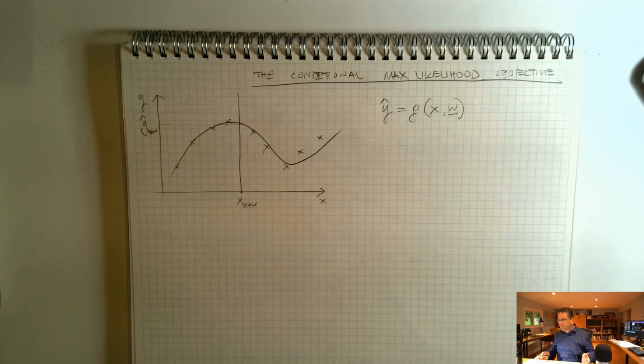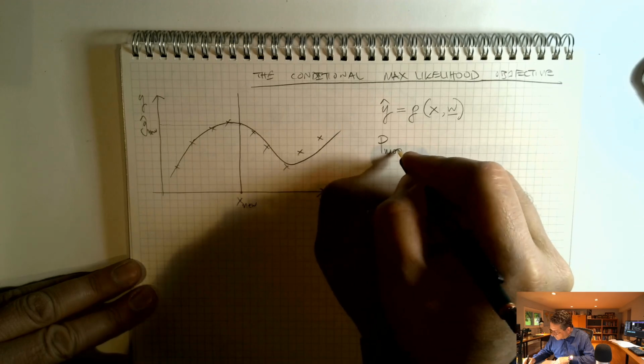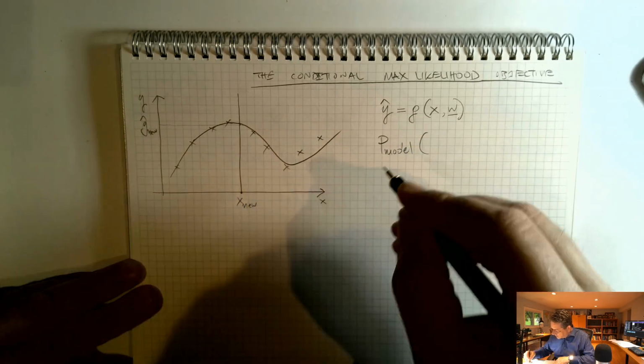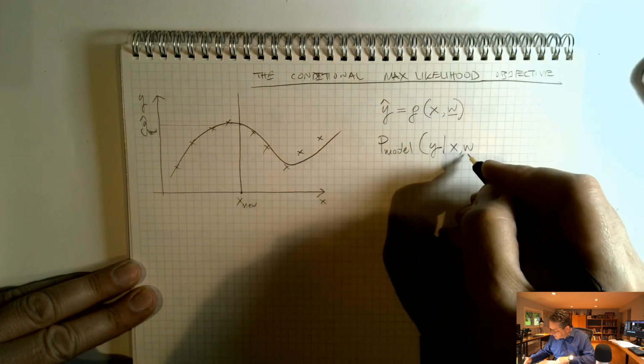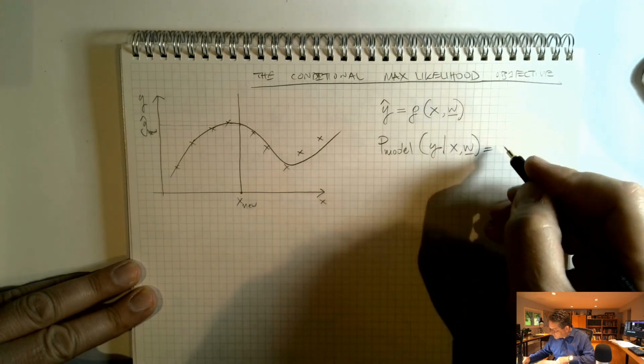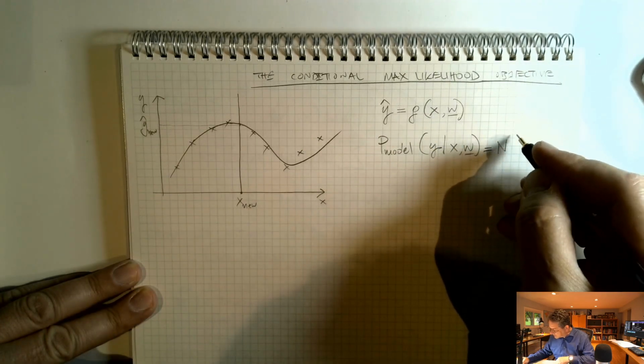Now with a new probabilistic setting, something interesting is happening. Instead of a hypothesis that is a function, we'll have a hypothesis that is a probability distribution. This hypothesis will be the corresponding p model, the conditional p model of y given x, w. For this specific example, we'll be using a normal distribution.